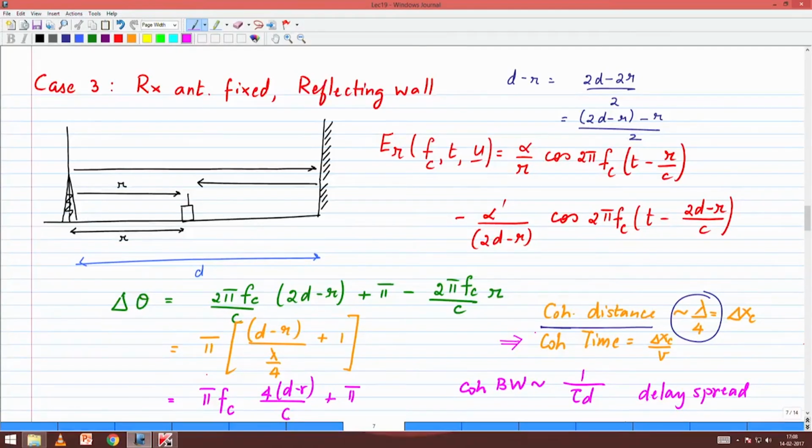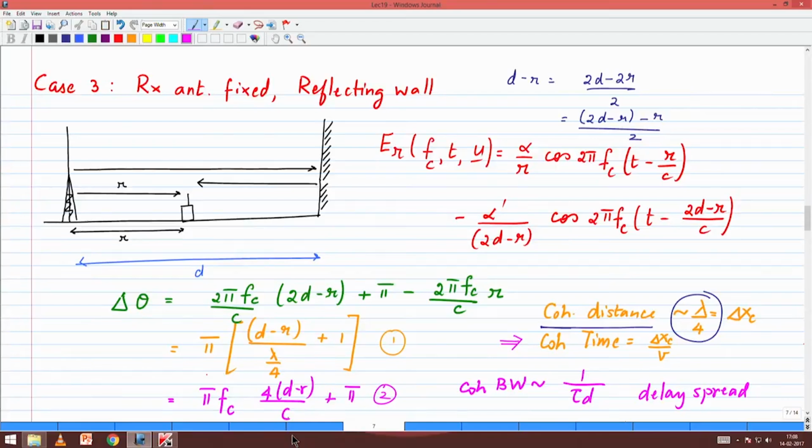The same phase difference, if you were to rewrite it in the form that is given, let me call one of them equation number 1, and the other one equation number 2. The insights that we get are from these two equations. The second one says that if my carrier frequency changes by the reciprocal of (4d minus r) by c, then I'm going to see a change of pi.